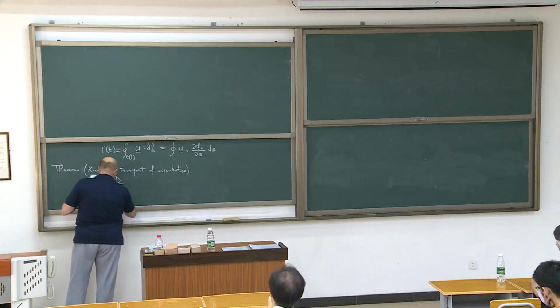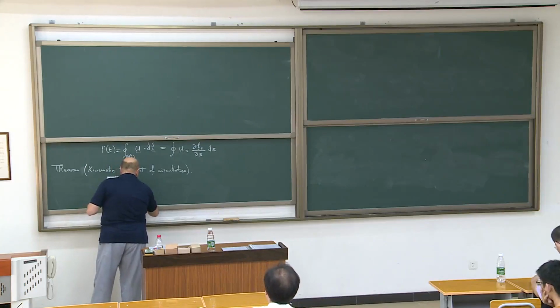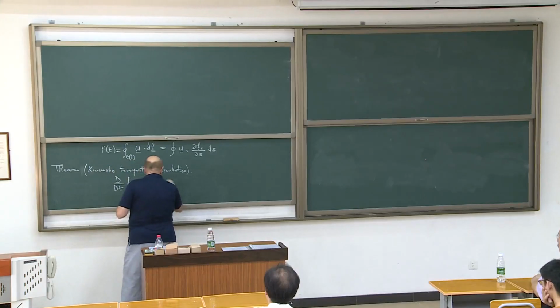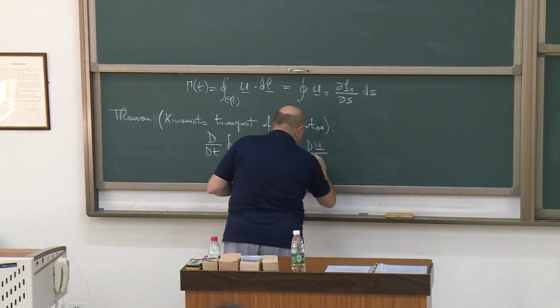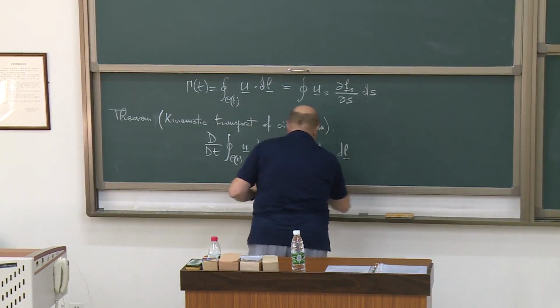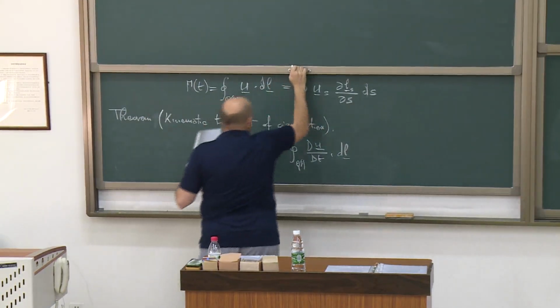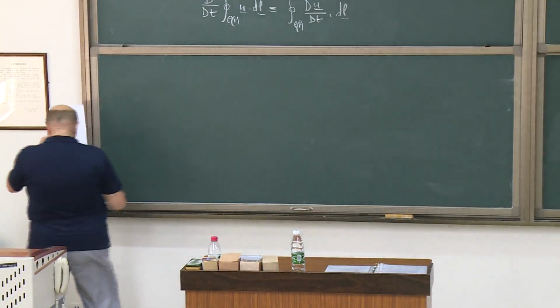i.e. that d/dt of this quantity, the integral over C of u·dl, is equal to the integral of du/dt·dl. Okay? This is, of course, related to the transport theorem we saw before.